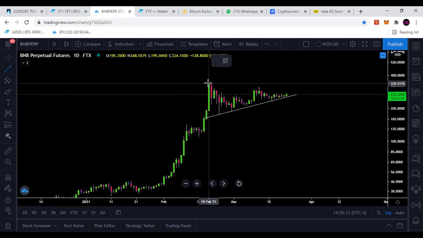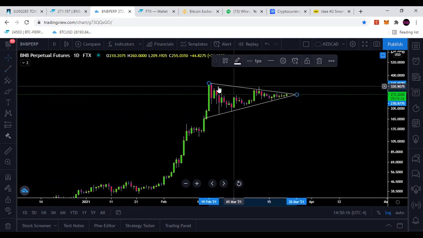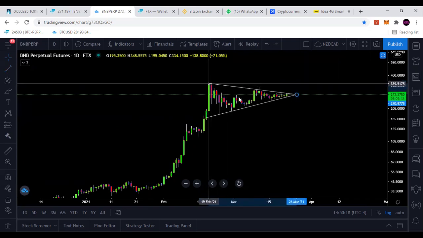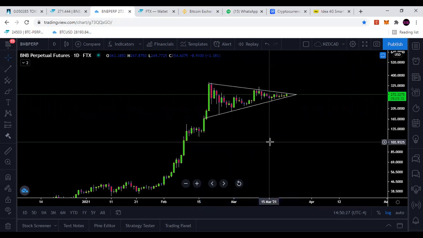The downsloping line is the resistance. So what am I trying to explain here? Like I said, the first thing you need to pay attention to is the flag.